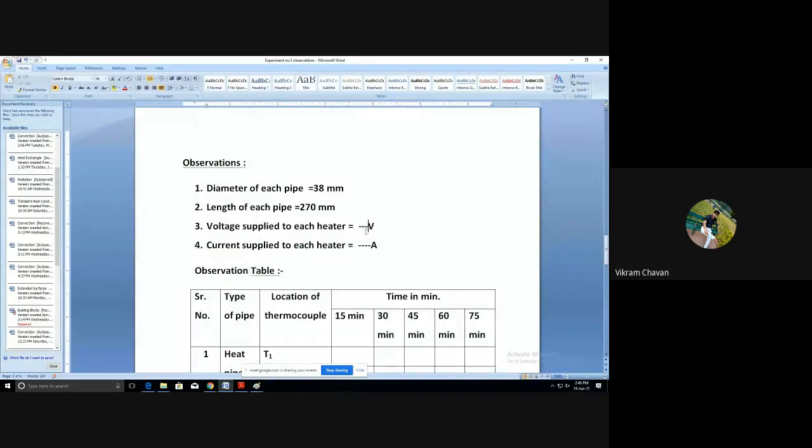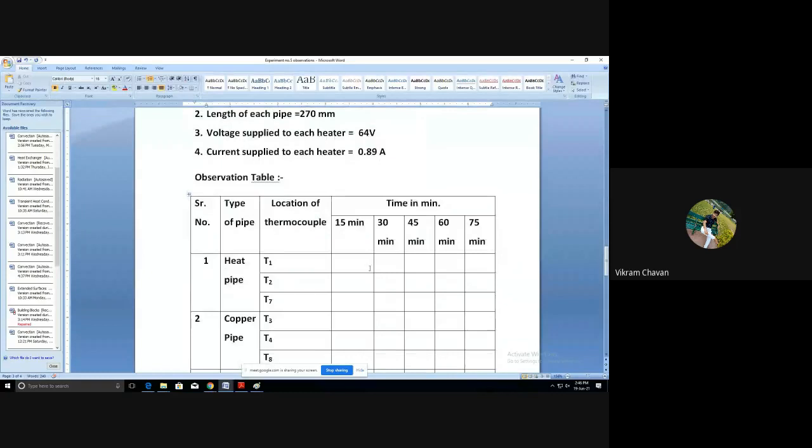So, observations. Voltage supply to each heater we are getting equal to 64, and current is near about 0.89 ampere.